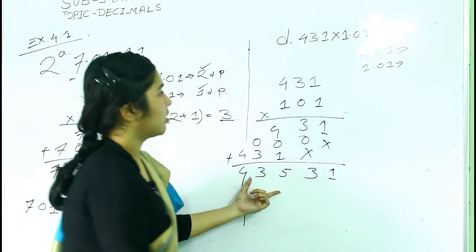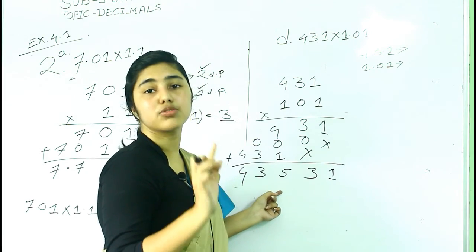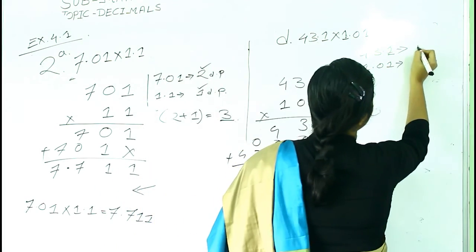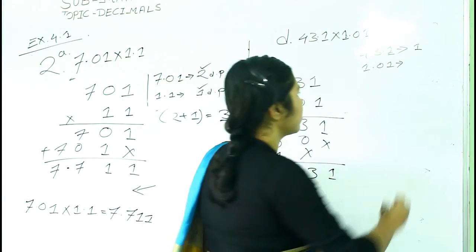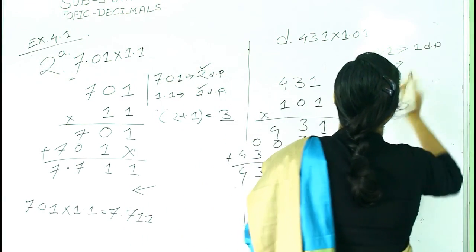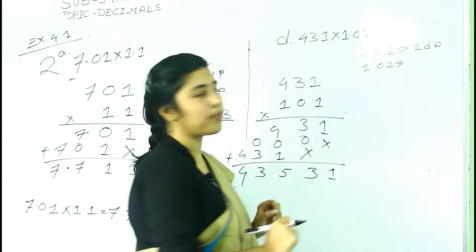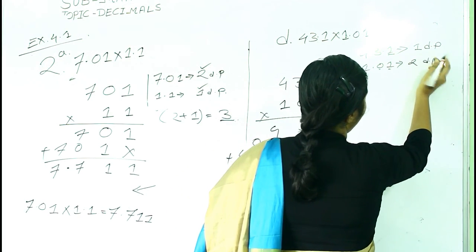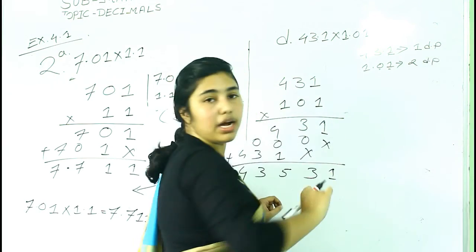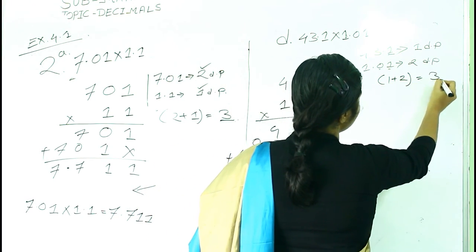Now here 43.1 has 1 decimal place, because it has only 1 digit after the decimal point. And this number 1.01 has 2 decimal places, 0 and 1. Now add these two numbers. 1 plus 2 is equal to 3.